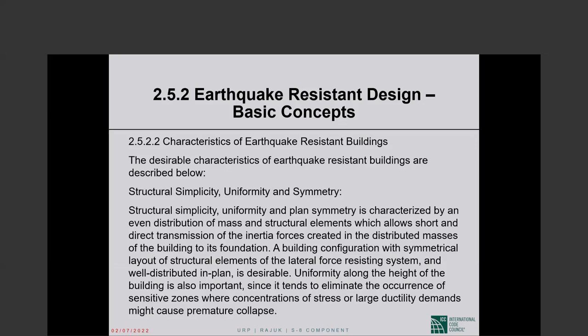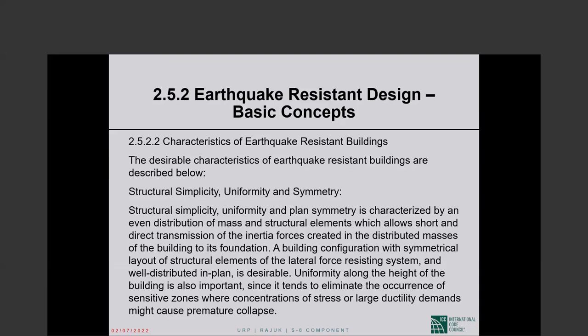Structural simplicity, uniformity, and symmetry. All three are important. Simplicity, uniformity, symmetry. Structural simplicity, uniformity, and plan symmetry is characterized by an even distribution of mass and structural elements, which allows short and direct transmission of the inertia forces created in the distributed masses of the building to its foundation.